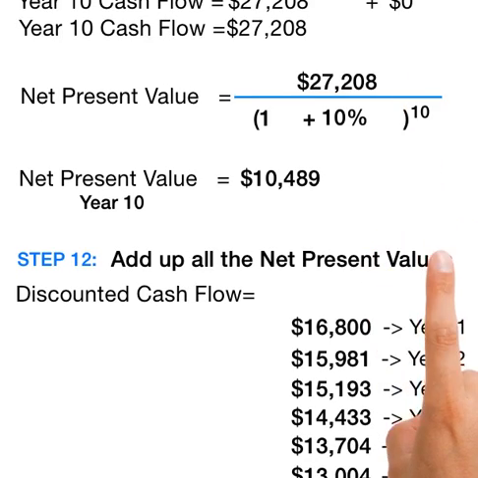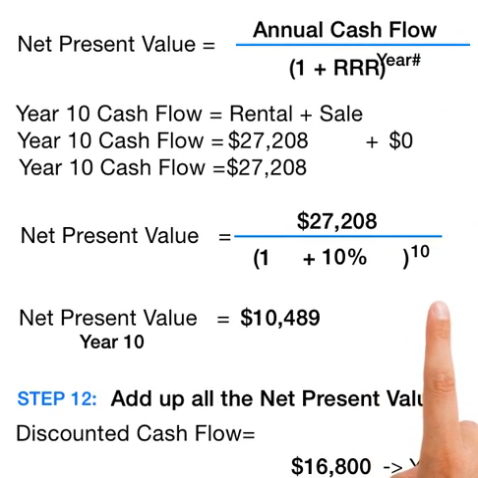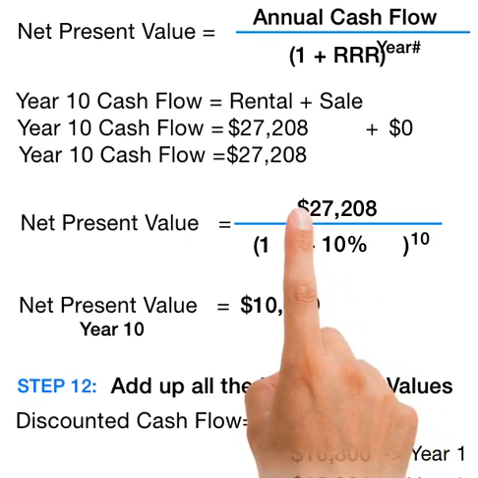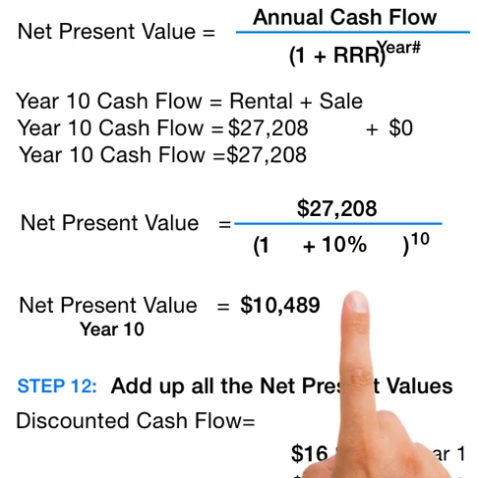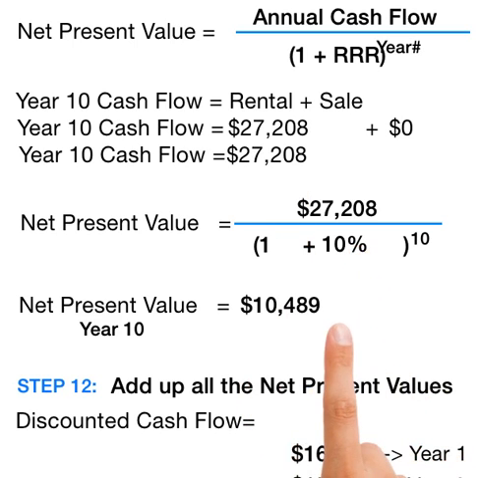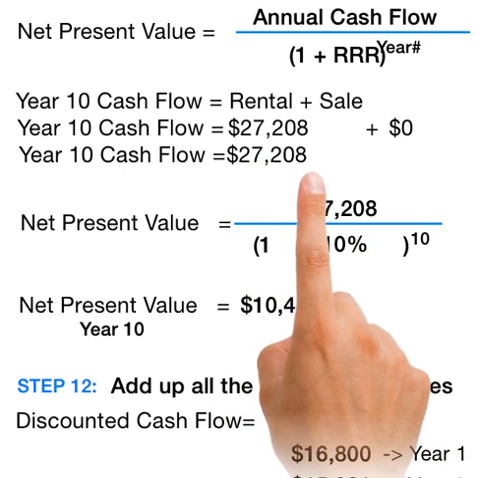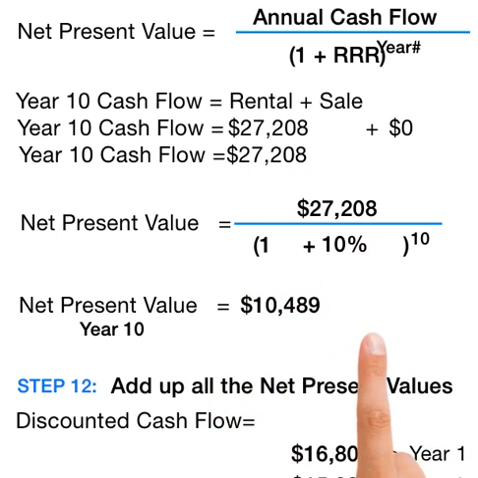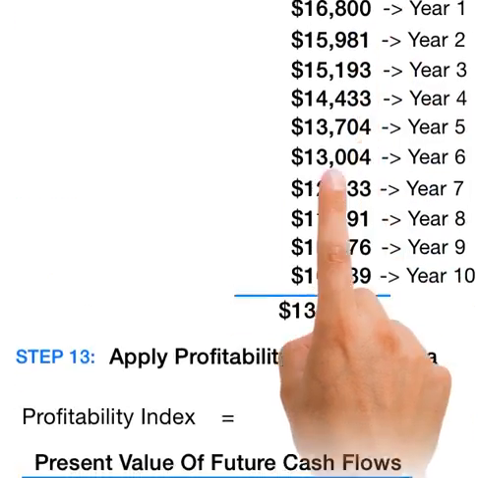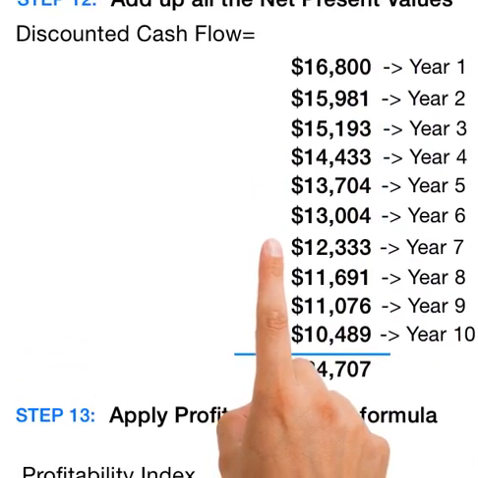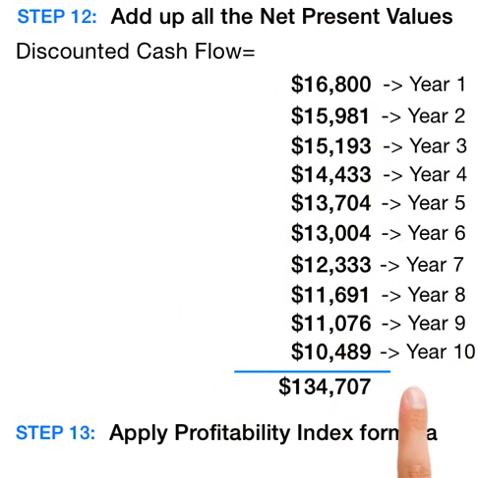So here in year 10, the same process: the future projected cash flow, and then we calculate how much that will be worth today. So 27,208 will be worth today about 10,489.